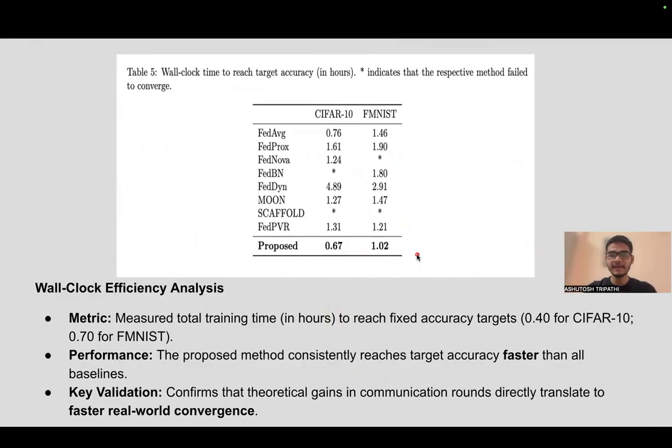So we conclude that we have additional computation overhead, but we achieve much faster convergence in terms of rounds as well as wall clock time. That offsets this extra computation cost and makes it more useful for real world scenarios.